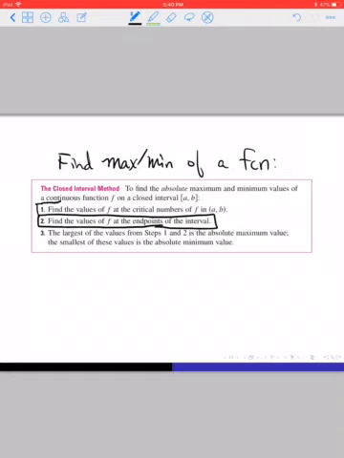And if it happens in the middle, it has to happen at one of these points where the derivative is either 0 or it's undefined. And so our plan is we find those critical numbers, we find those endpoints of the function, we see what the height is, and then the largest is going to be the max, and the smallest is going to be the absolute min.